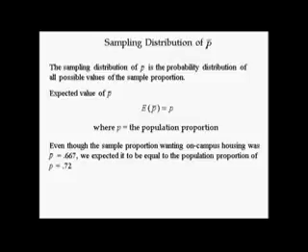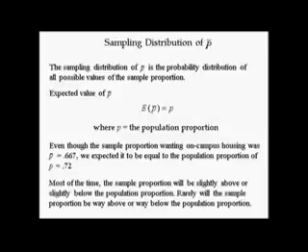Even though the sample proportion wanting on-campus housing was equal to 0.667, we expected it to be equal to the population proportion of 0.72. Most of the time, the sample proportion will be slightly above or slightly below the population proportion. Rarely will the sample proportion be way above or way below the population proportion.